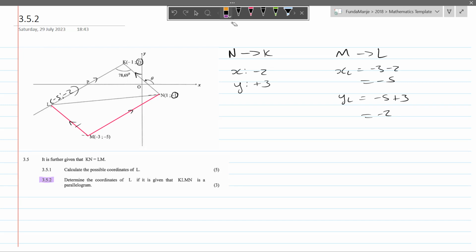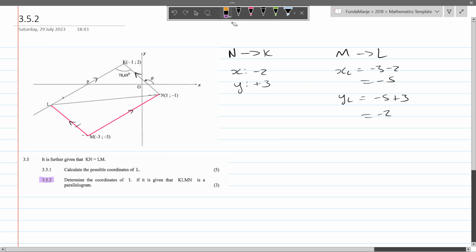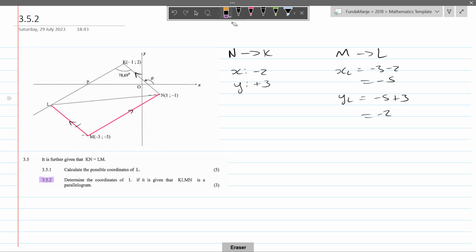So instead of using these lines, these are still parallel, and these are still parallel as well. I'll just put it in the other direction, like that.